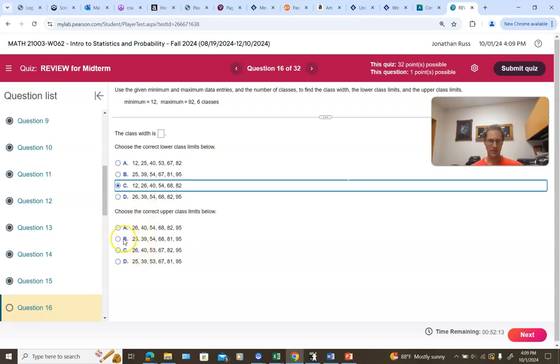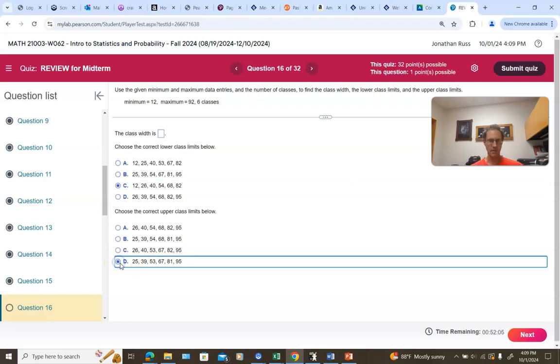Okay, that leaves me with B and D, and then you just start adding 14 or whatever that class width is. Well, B says the same thing. Yeah, it's got to be this one, because see, the third number here is 53, and over here it's 54.